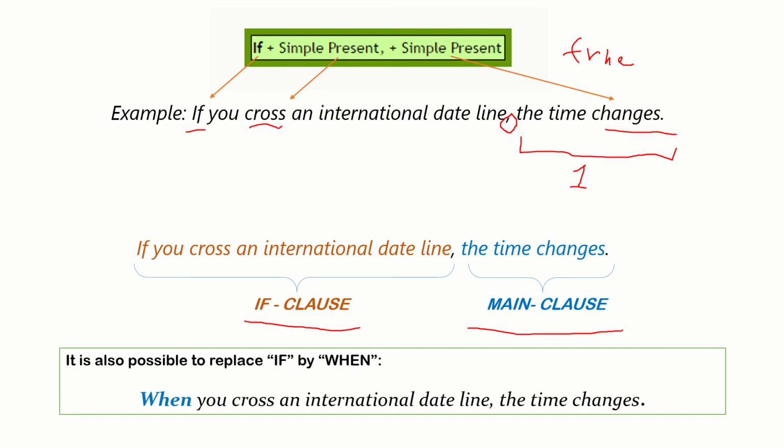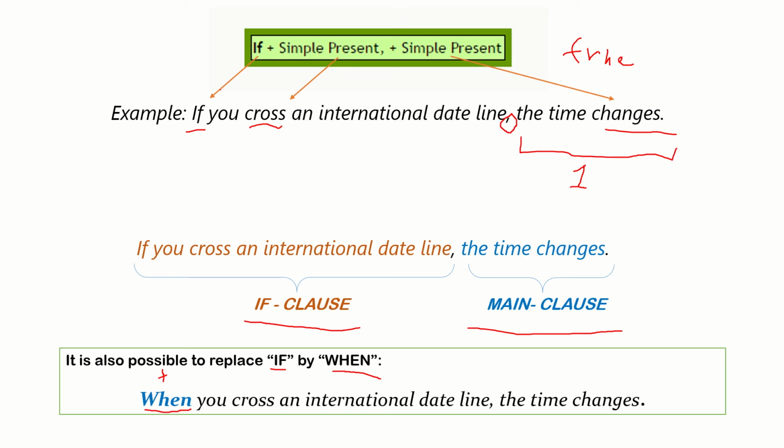Very good. It is also possible to replace if by when. When you cross an international date line, the time changes. Okay? So when tells you just the time. When it's an indicator of the time that you do something. So it's even more real.